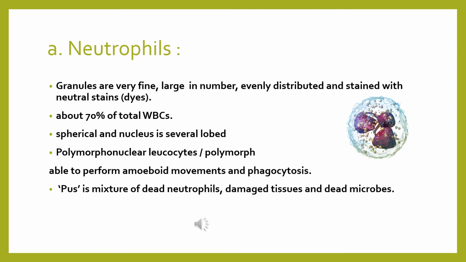They are responsible for destroying the antigens by the process of phagocytosis. And at the time of pus formation, we get the pus. Okay, that pus is actually the mixture of dead neutrophils, damaged tissues and dead microorganisms at the infected area. So here we have finished the neutrophils.